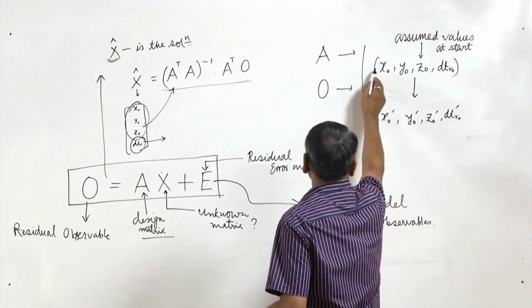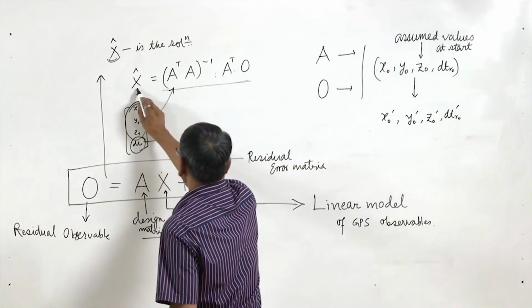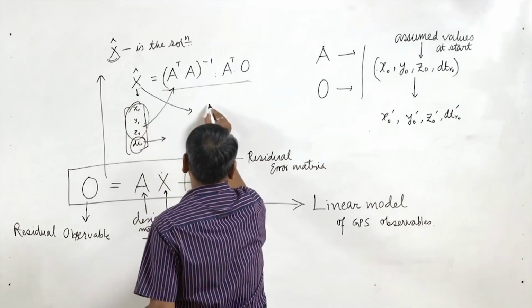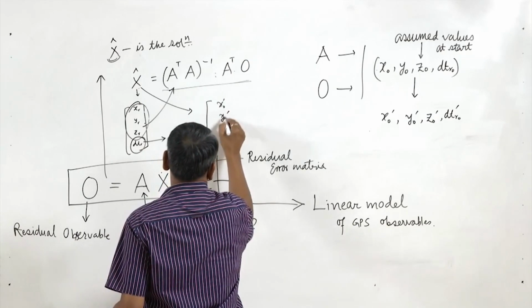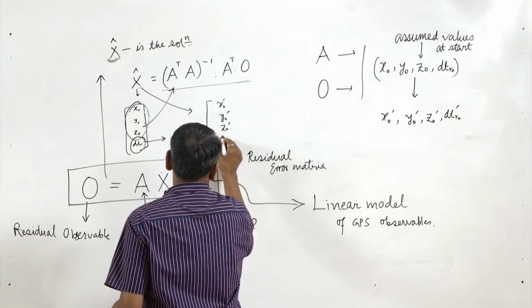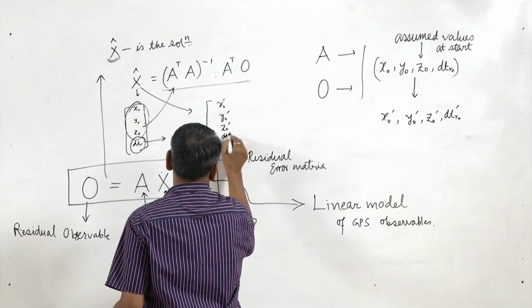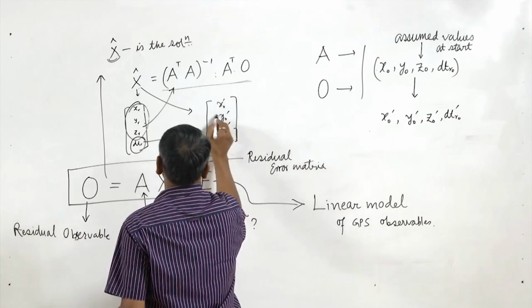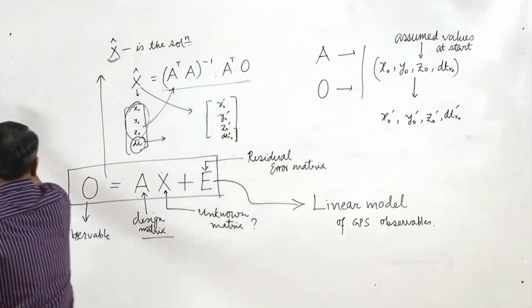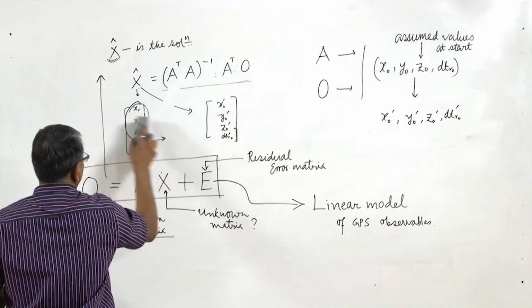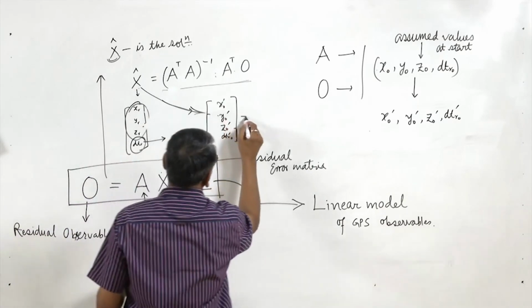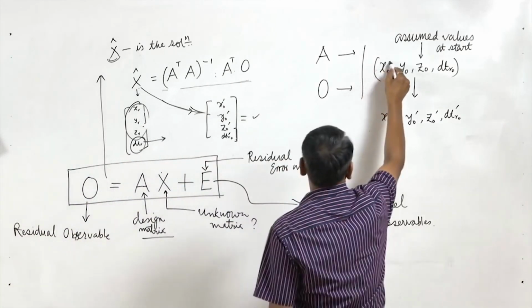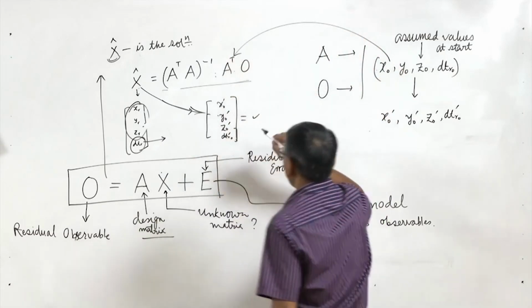Now, after giving this as input, we will get a matrix. This will be something like x0 dash, y0 dash, z0 dash and dtr0 dash. So, this is the value we will get giving these as the input to this.